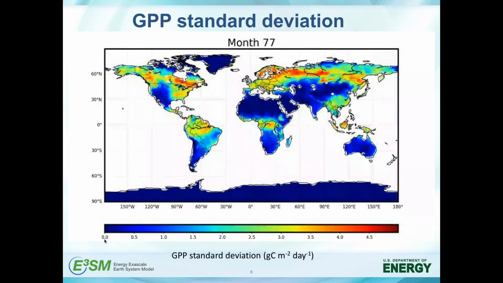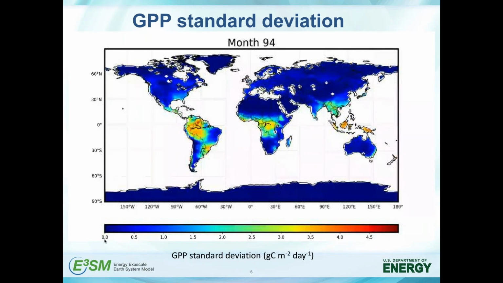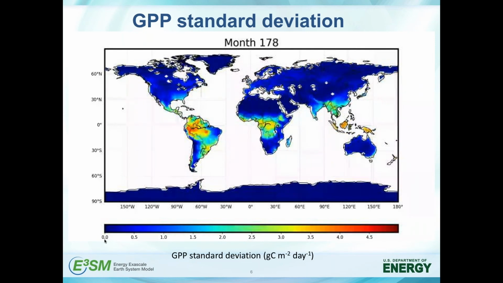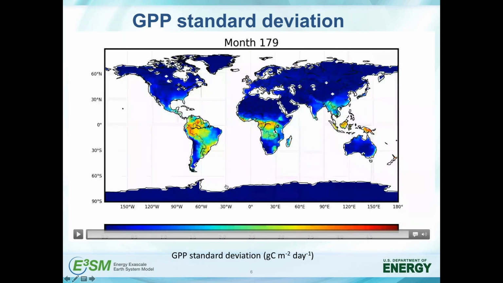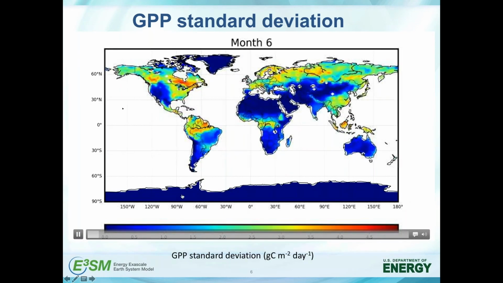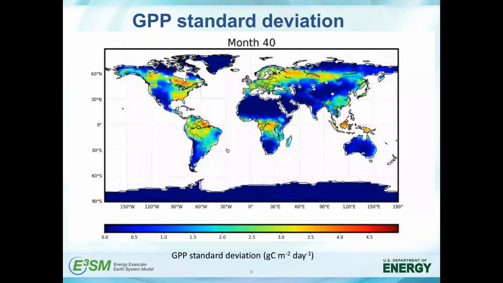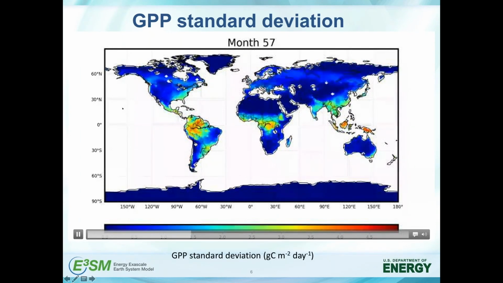And you can see it has a pretty similar pattern to the mean values that I just plotted. So the uncertainty or standard deviation is strongly correlated with the mean values. In a lot of cases, it's proportional. You do see some areas where perhaps the standard deviation is lower than you might expect given the magnitude, for example, in the Western Amazon.